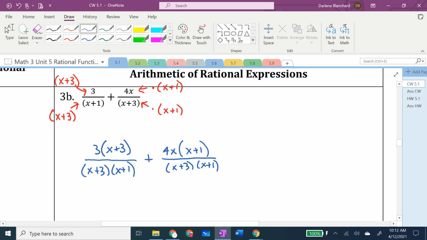Now it's your choice as to whether you want to deal with the distribution of the 3 and the distribution of the 4x first and then add them together. But ultimately, you do have to do that distribution before this addition is actually able to do its thing.